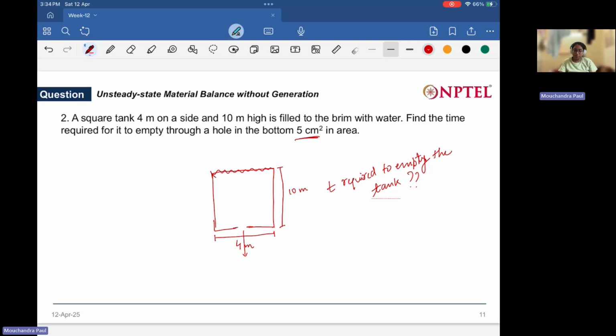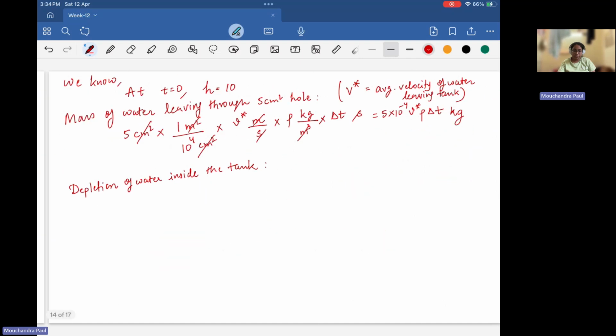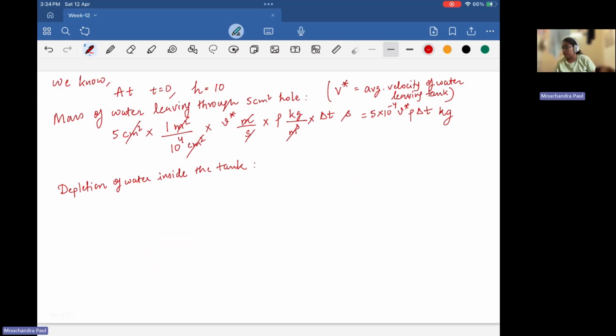If we consider that instead of this hole, the bottom surface is completely open, water will now come out from a square which is 4 by 4 and has a surface area of 16 centimeters square, right?